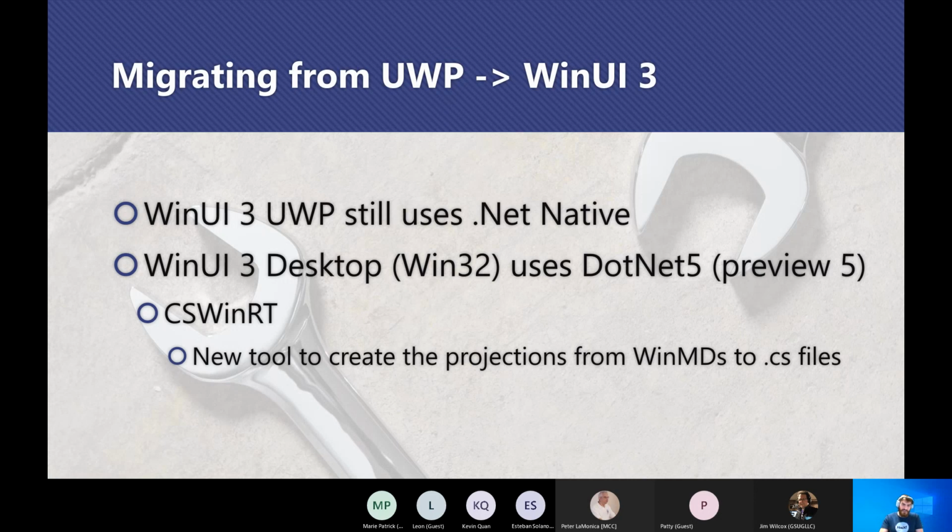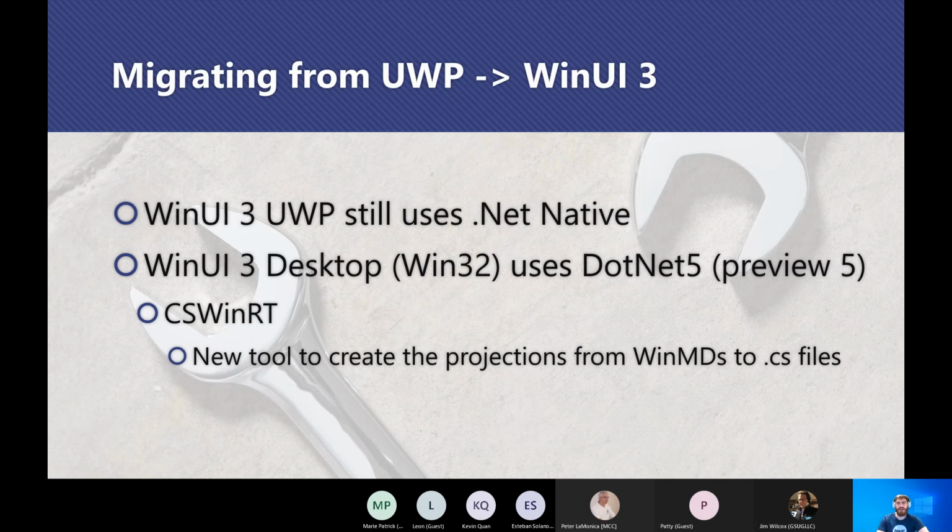The framework itself is built with C++, but it's completely transparent to C# developers, that it just exposes a C# authoring layer. The new tool that was created for the same purpose, that was literally built in the UWP compiler, is this new tool called CS_WinRT. And that's a new open source tool. So it's completely open source.